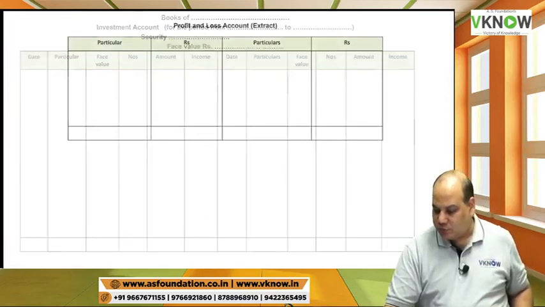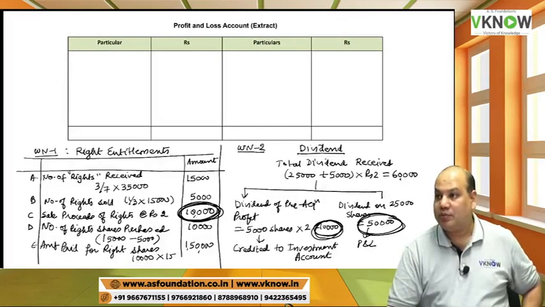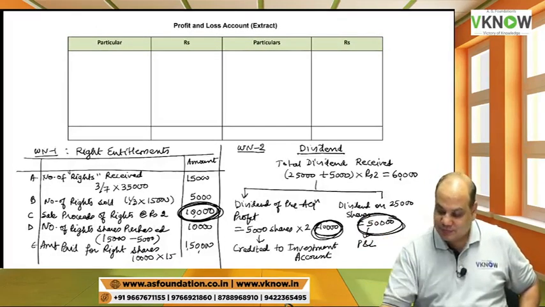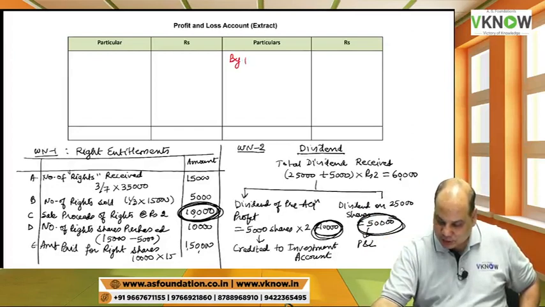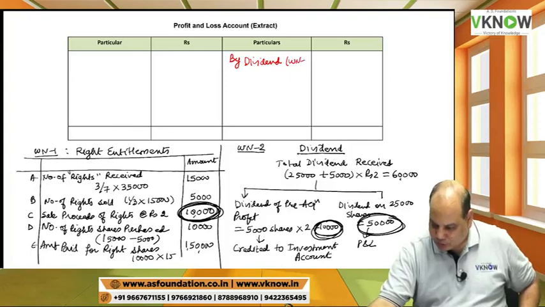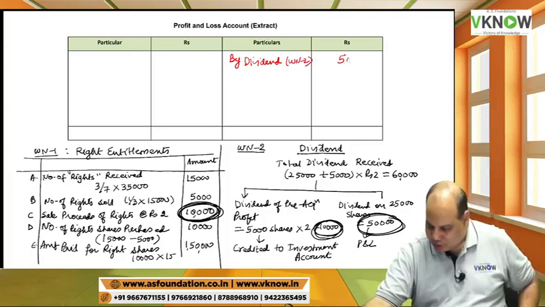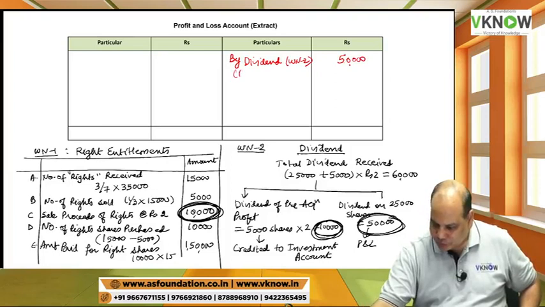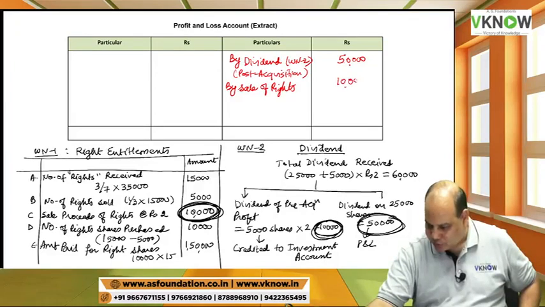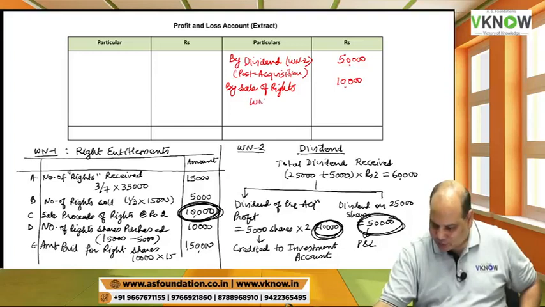One small thing we have to do is prepare the P&L account. By dividend, working note 2, only 50,000 rupees. Post-acquisition dividend will be credited to the P&L account. By sale of rights 10,000, you can say working note 1.